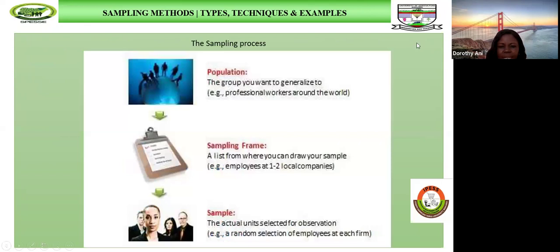Go to the next slide. Here, I'm just trying to show you, because as time progresses, you hear me say sampling frame, sample, population. So population is a group you want to generalize, want to work on. Like our example, I keep using internally displaced persons in Benue State. That's my population. So my sampling frame is a list from where you can draw your sample.